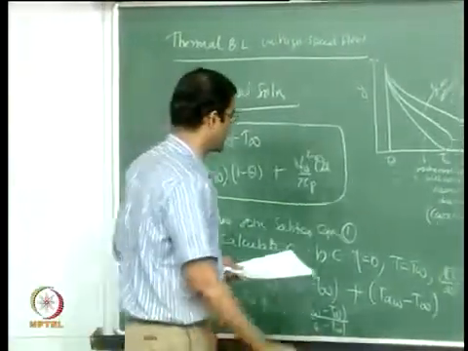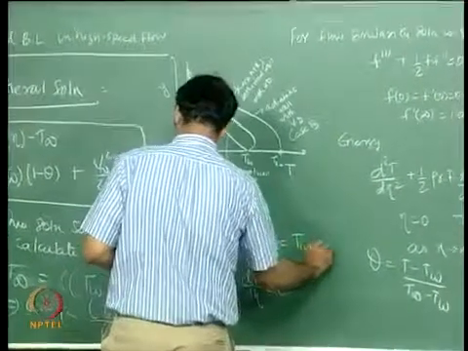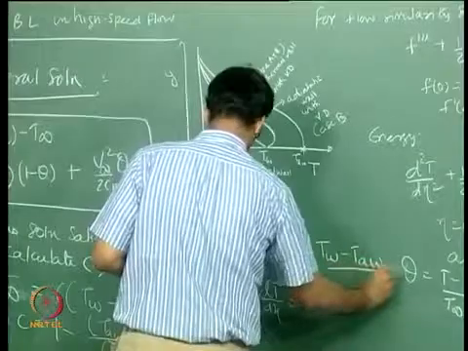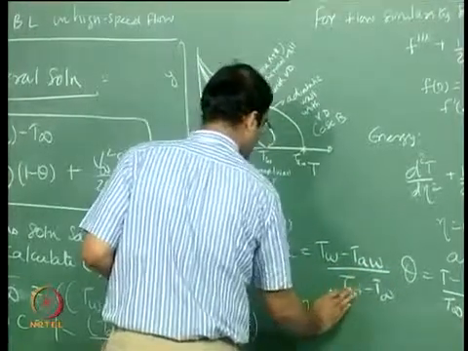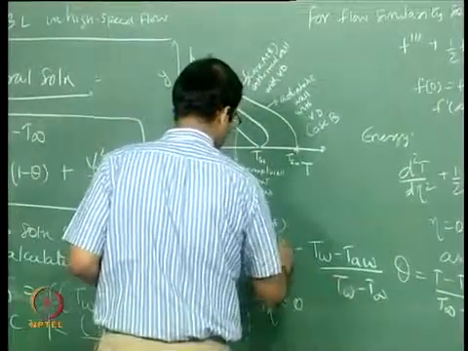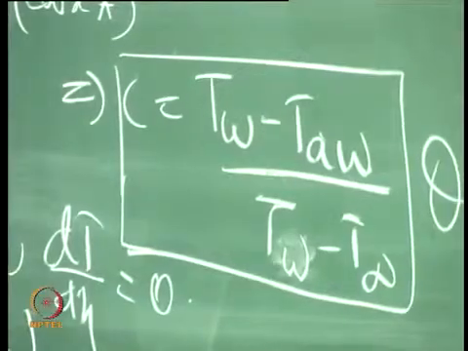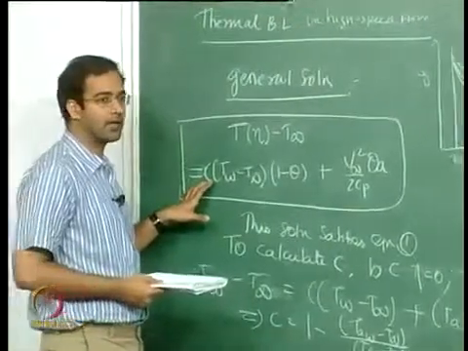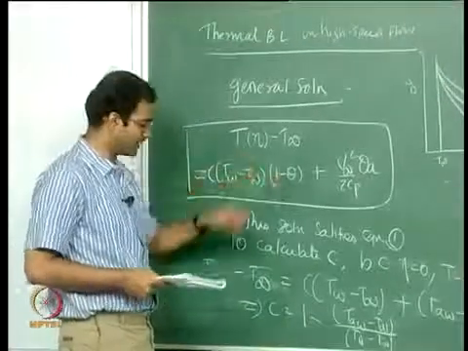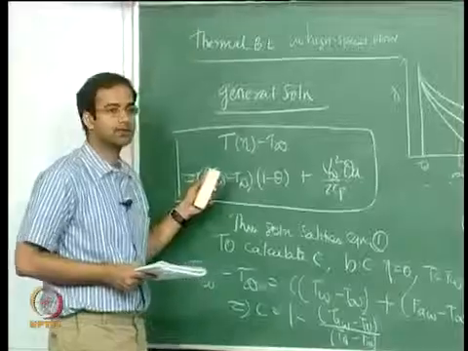Or I can rewrite this as C is equal to T wall minus T adiabatic wall by T wall minus T infinity. Now that I have determined C, the solution is complete. Once I find two separate solutions, one for theta, one for theta a, I found the constant factor which combines them linearly.